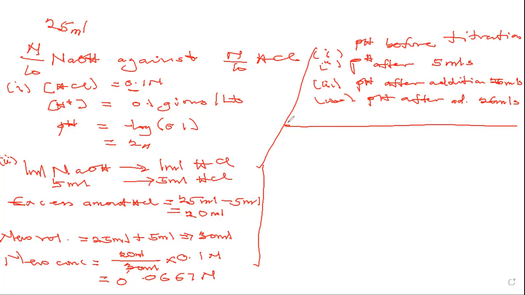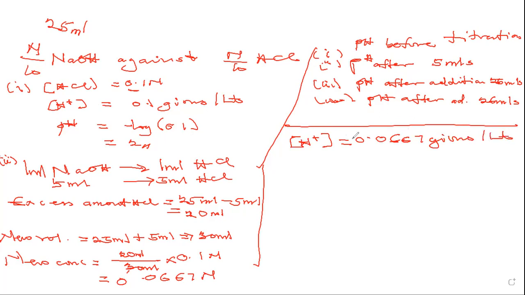But that notwithstanding, I said earlier that whenever you have any solution with the concentration in normality, the normality there is the same as the H plus concentration. So I can say basically that this new solution has an H plus concentration of 0.0667 gram ions per liter.